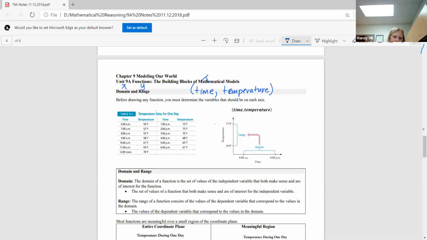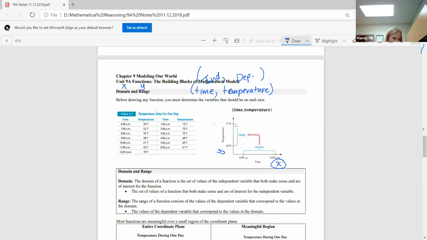Time is almost always independent. Temperature is mostly going to be dependent. You can look on the x-axis, they've got their time. The y-axis, they've got their temperature here. And they've used this to graph. So the domain is down here with x and the range is up here with the y.